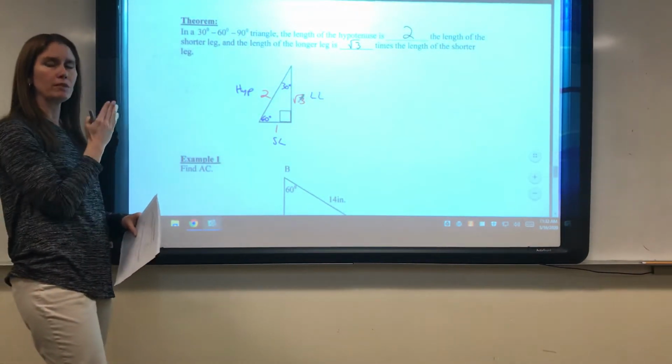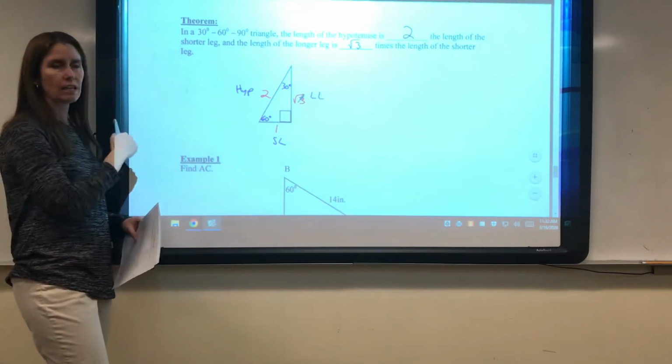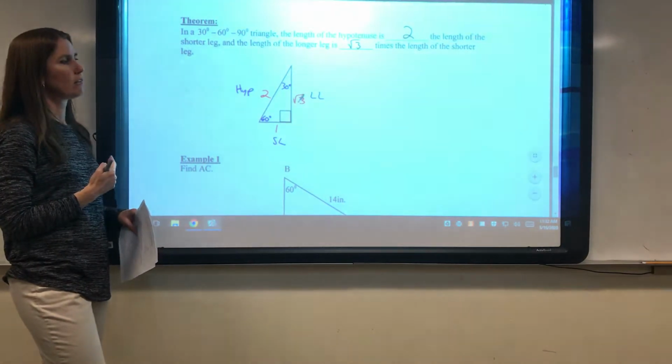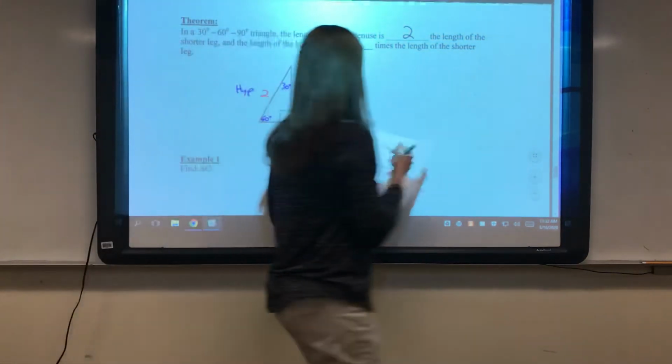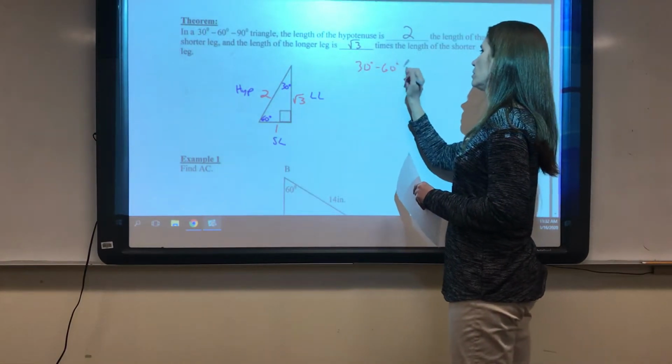Instead of the 45, 45, 90, which just had one number to think of, the square root of 2, now we've got two different relationships we have to think of here. For some people, it's helpful to think of it as a little formula.